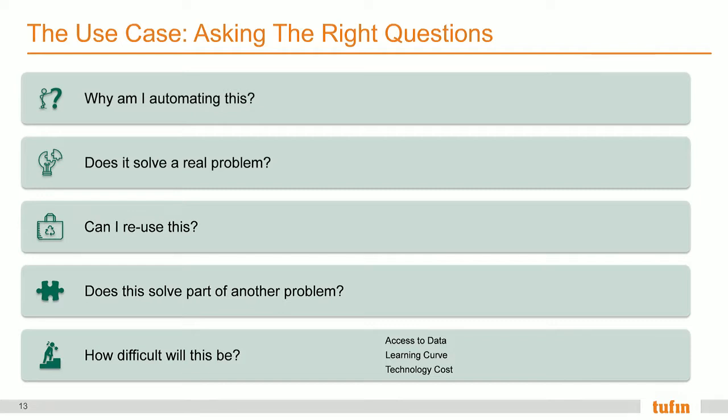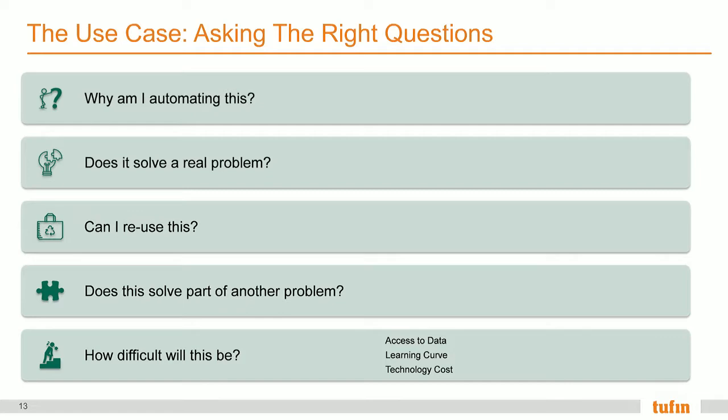Perhaps I want to go back and automate all that VM creation, put a lot of options in it, and that could be part of a much larger orchestration around rolling out different applications or services. And then also think about the difficulty of what you're trying to do. Because if it takes you more time to create the automation than you're going to save in the long run, it doesn't actually net out. It could cost you more time up front.